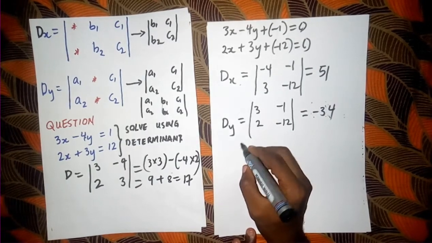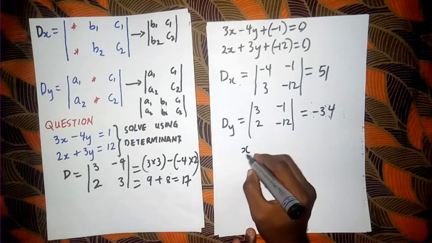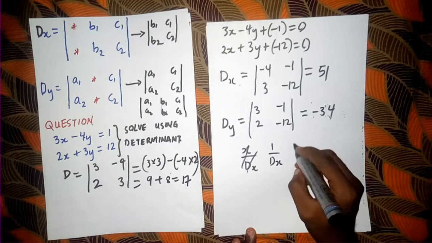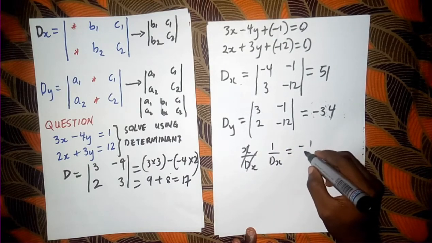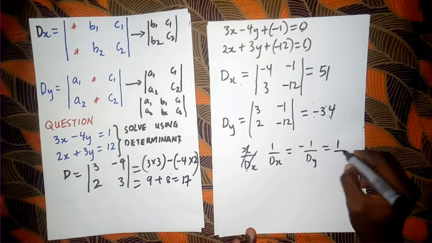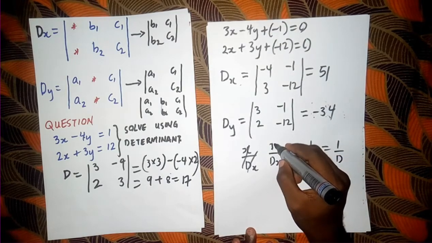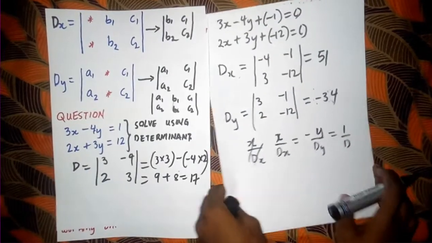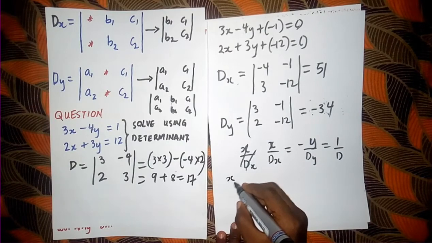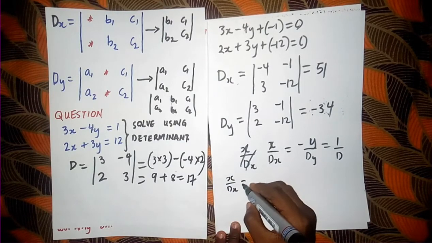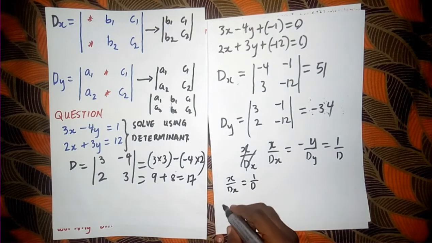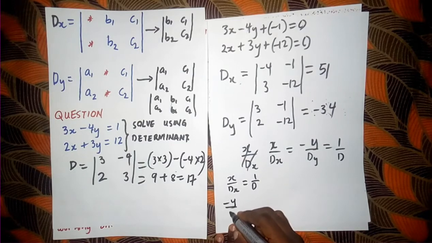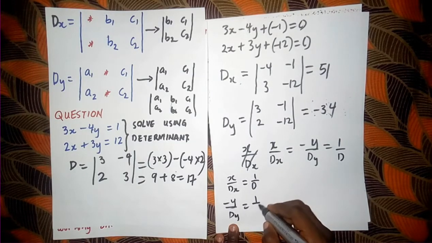So our equation is what? x over dx equal to minus y over dy equal to 1 over d, because they are all equal to each other. So we take x over dx equal to 1 over d, and then we take minus y over dy equal to 1 over d.